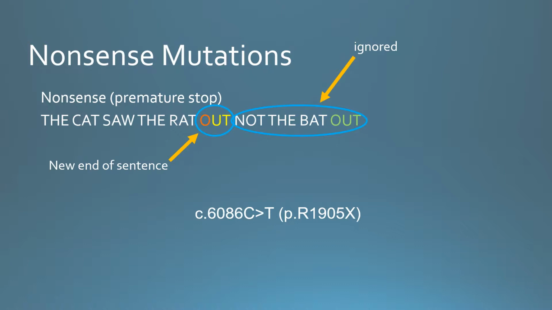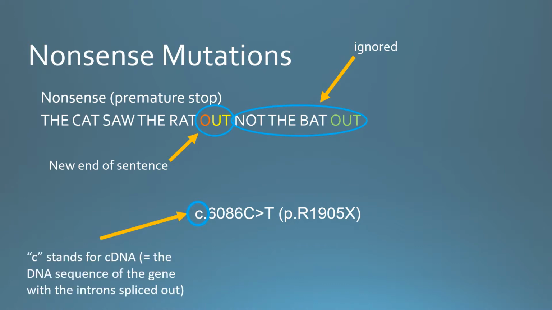Okay, so an example in real DNA, and the way that this is specified in a genetics report. The way that mutations are stated in a genetics report, they're in 2 parts. The first is with a C abbreviation, and that means what happens at the DNA level.